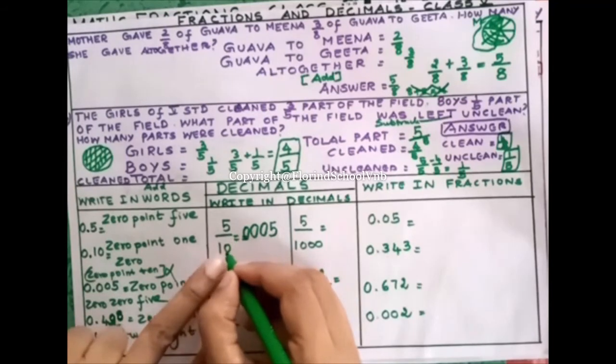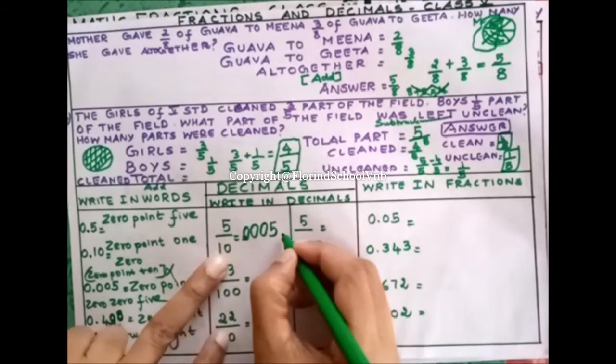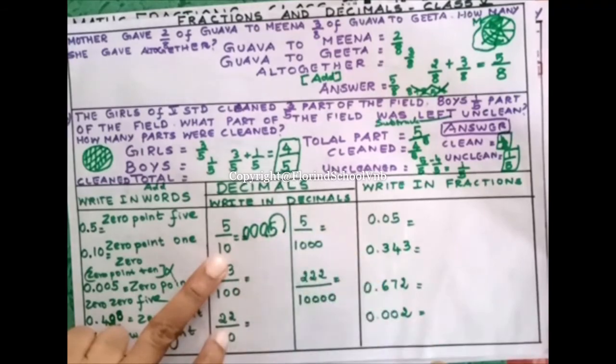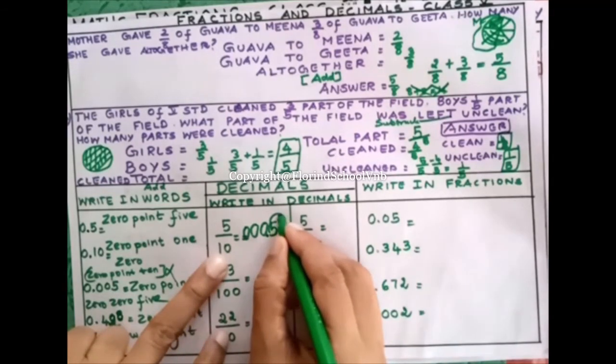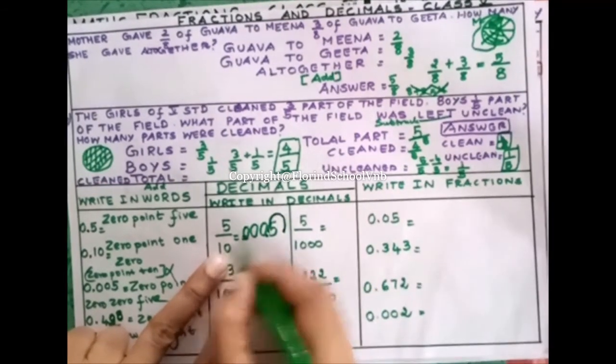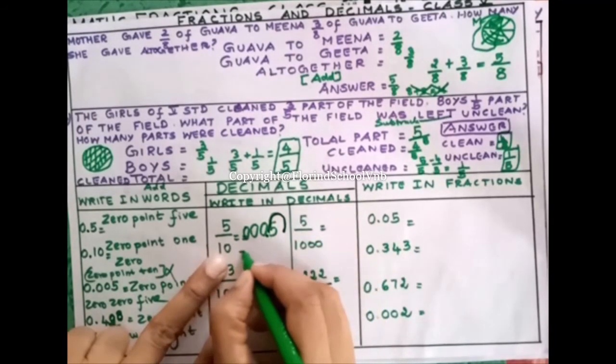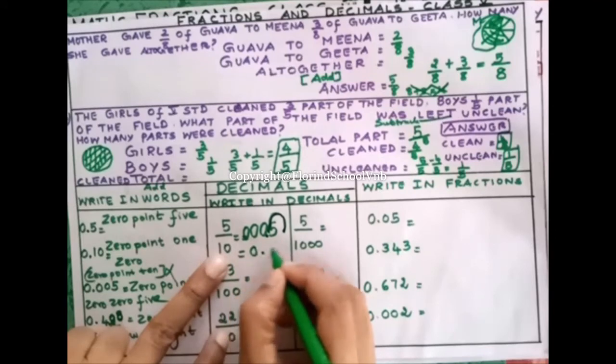Now you have 1 0 in the denominator. So keep a point here and shift. Okay. Shift the point one time because 1 0 is there. So what is the answer? 0.5.